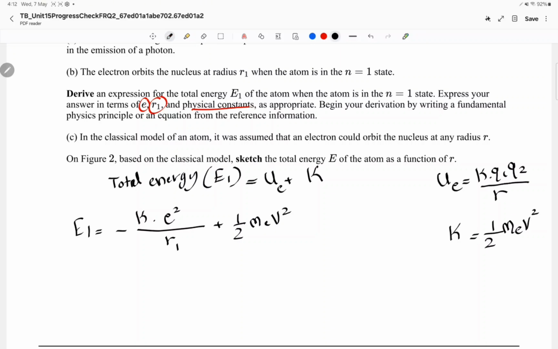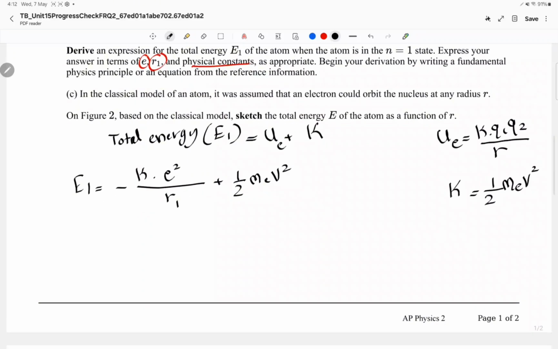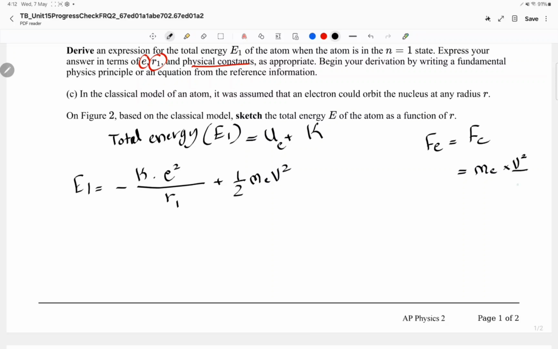So the electron is moving in a circular motion, correct? That means that we could say quite nicely that the electric force it's experiencing is equal to the centripetal force, which is causing it to move in a circular motion. Now the equation for centripetal force is going to be m v squared over r.